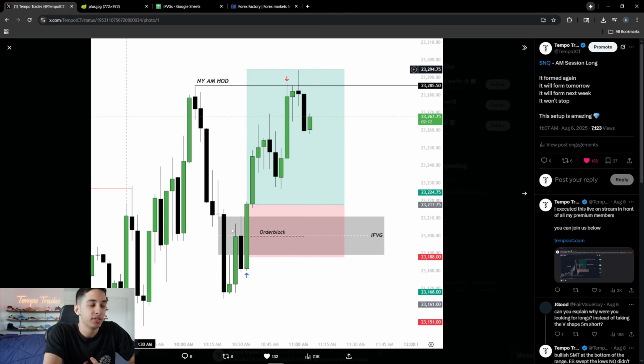And this was one of those instances. I believe there was an SMT divergence down here, but regardless, I took this long off this huge green volume candle, created that bullish order block, and we just targeted the draw on liquidity up there, which was the New York high of day. You can see the executions on screen as well.